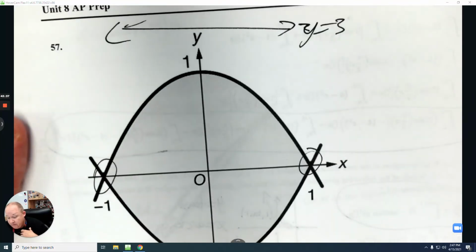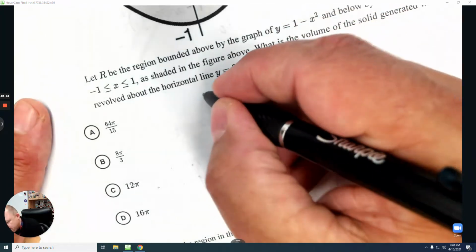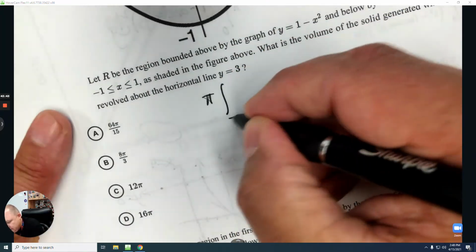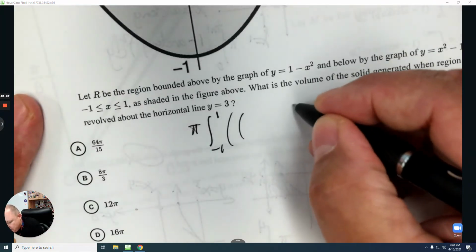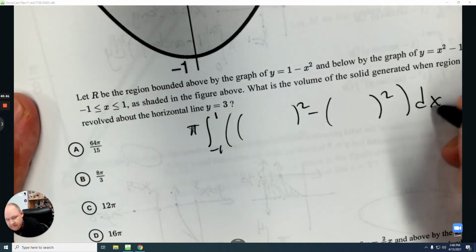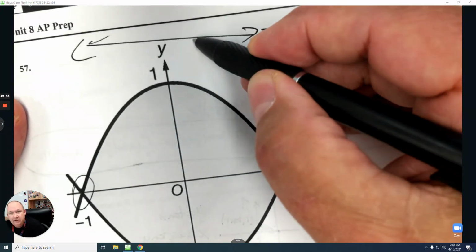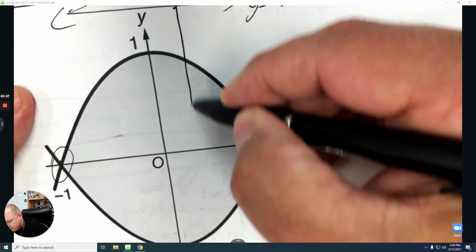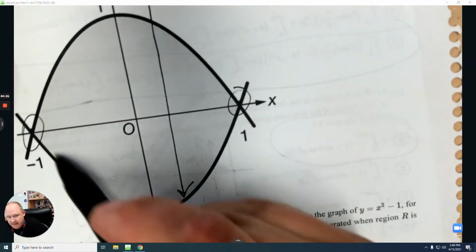So it has to be what's called the washer method. So we have 2 radii. So the setup first of all is going to be -1 to 1. And you have the big radius subtract the small radius. So there's the setup. Now the big radius, you take the line that you're revolving from and go all the way through the area to the bottom. So it's going to be 3 subtract this bottom one.